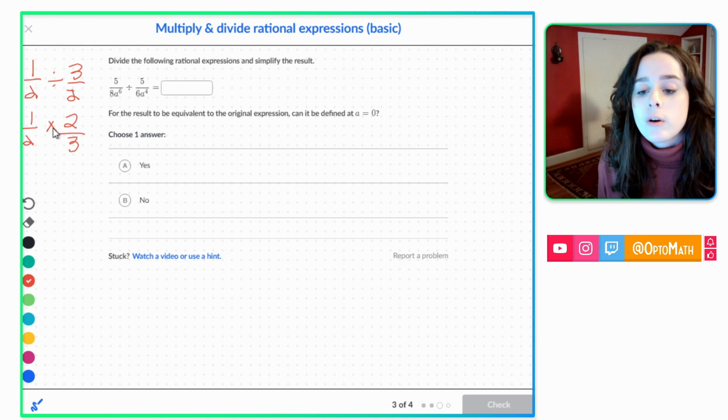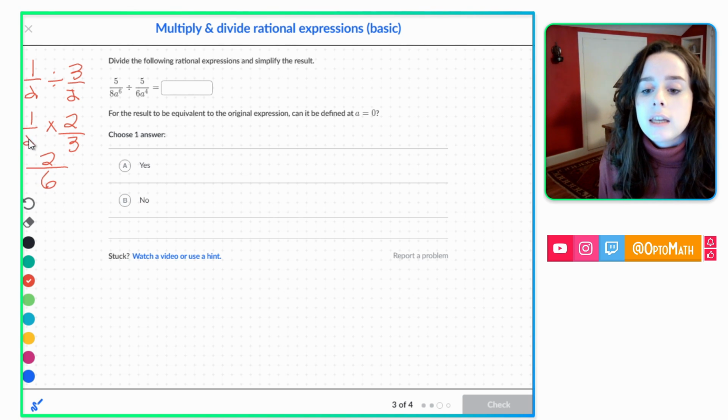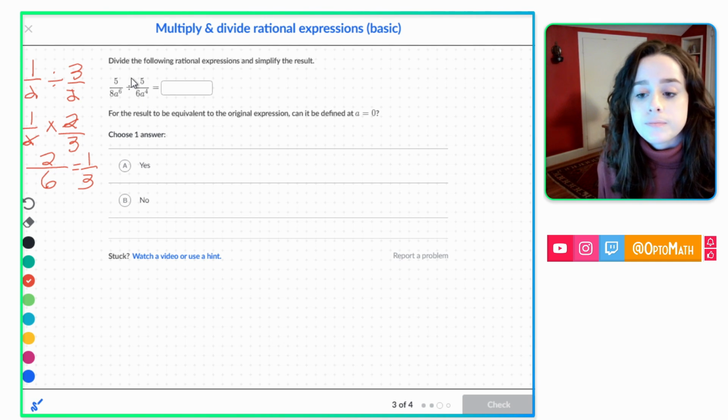So now that we have our multiplication set up, we just multiply our numerators and denominators. And we have 1 times 2, which is 2, divided by 2 times 3, which is 6. And of course, we could have seen here, these 2's simplify to 1, and our final simplified version is 1/3. So that's the process we're going to use here with our rational expressions.